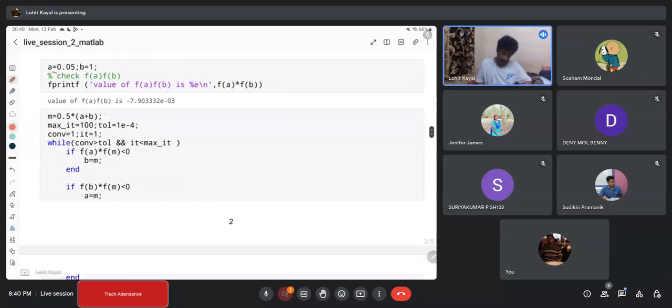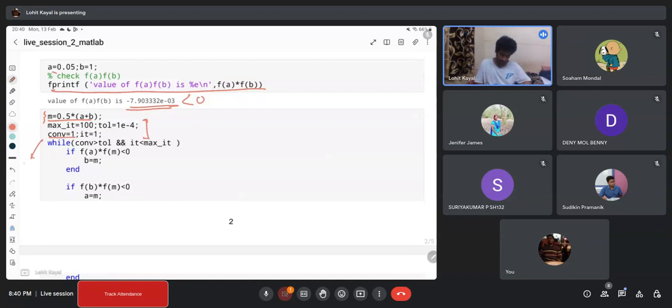Again the same thing. Check if this value is less than 0. It is less than 0, so now I can proceed. First step, take the initial m, 0.5 times (a plus b). Again the same thing, max iteration and tol equal to 10 to the power minus 4.